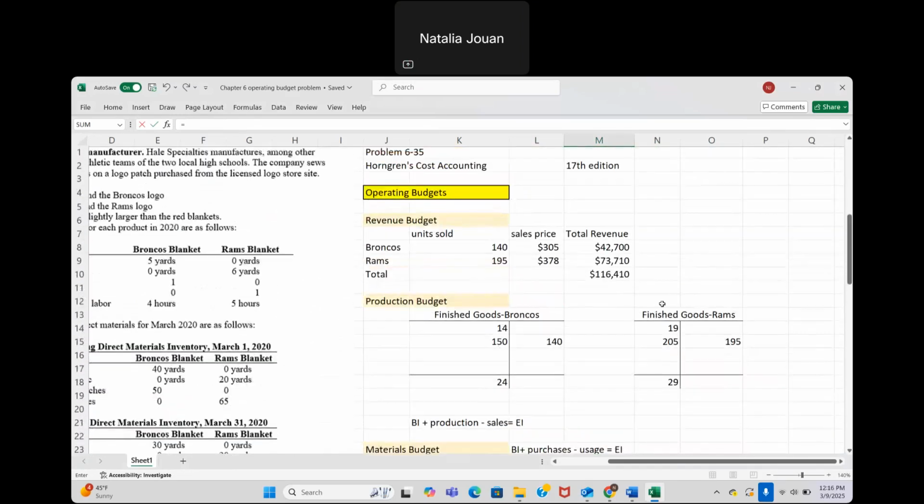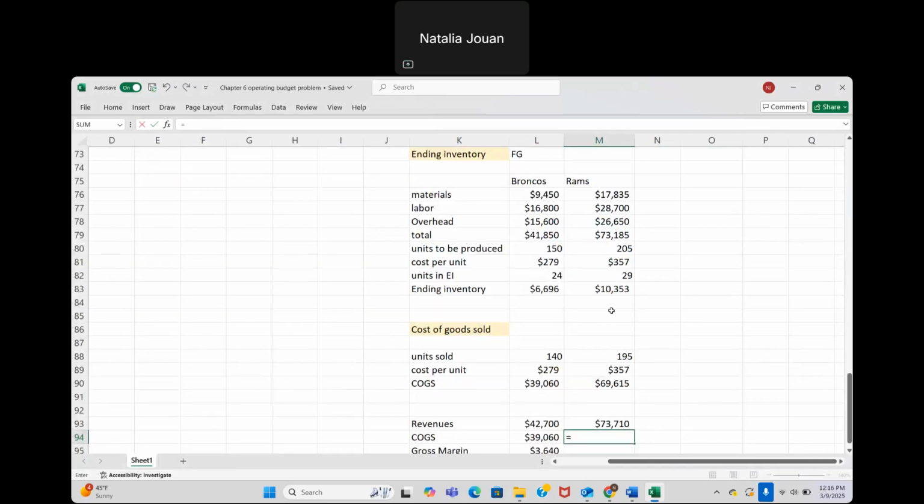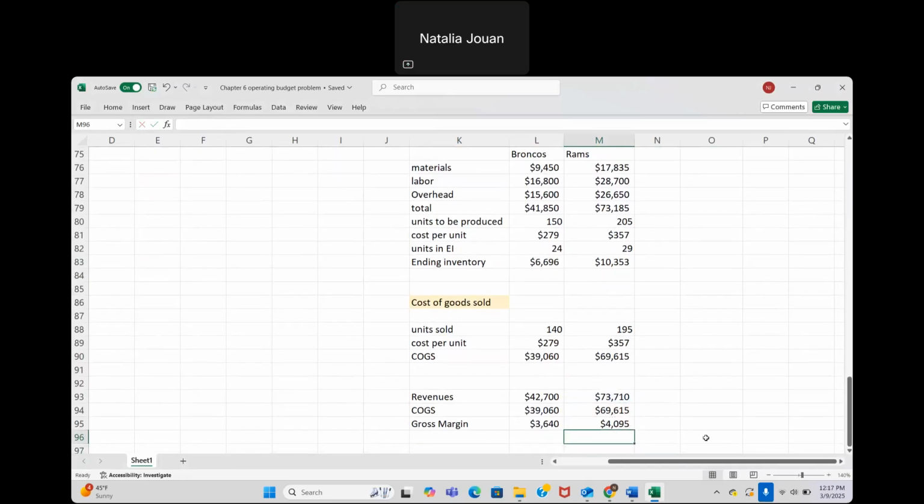So we have, going back up, revenues, cost of goods sold. That will give us 4,095. So we want the total, we can add them. Total gross margin for the company.